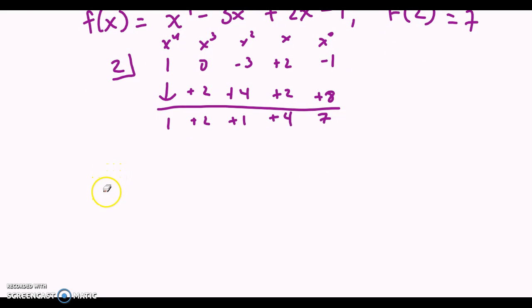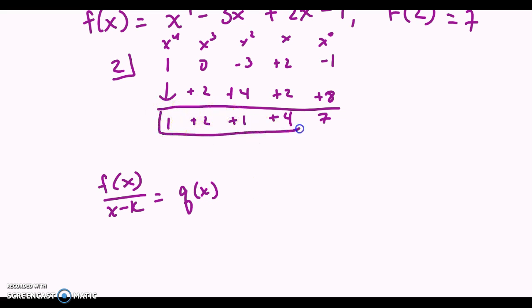If I have some function, f of x, and I divide it by x minus k, we saw from the division algorithm that you get some quotient of x, which was basically all this stuff, plus some remainder times x divided by x minus k. That's how I would have rewritten this synthetic division. So I originally had x to the fourth minus etc., and then the answer would have been x cubed plus 2x squared plus, okay.